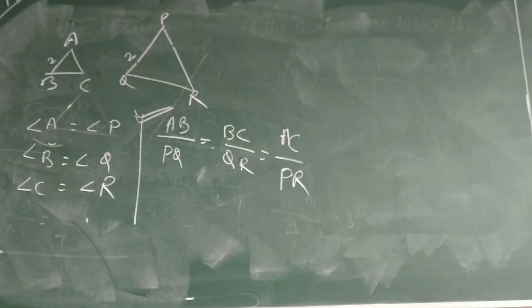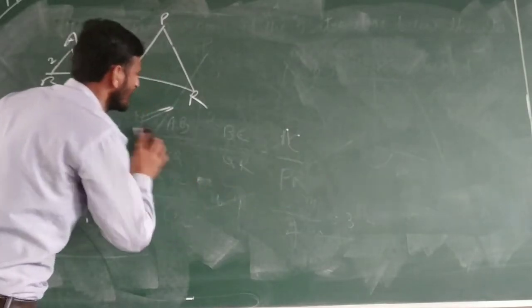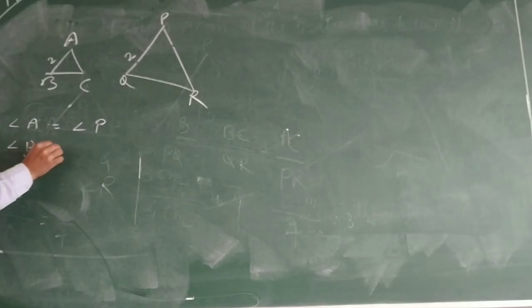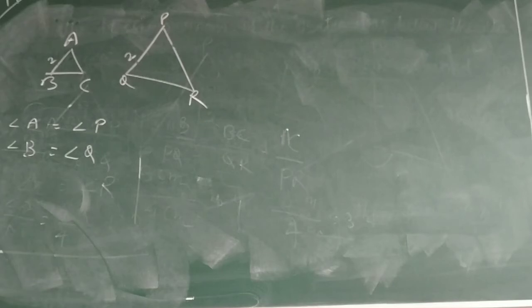Now based on the first postulate, there is one corollary. Let us understand the corollary. Suppose there are two angles: angle A is equal to angle P and angle B is equal to angle Q. Now tell me, are these two triangles similar?